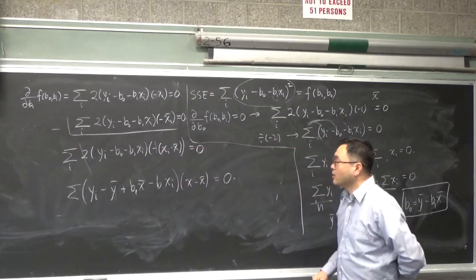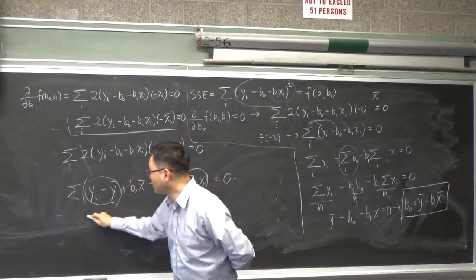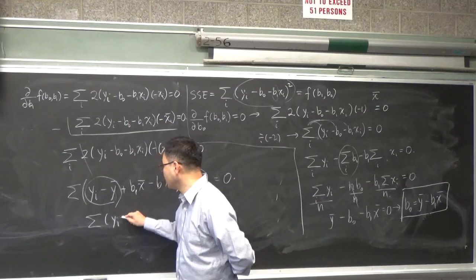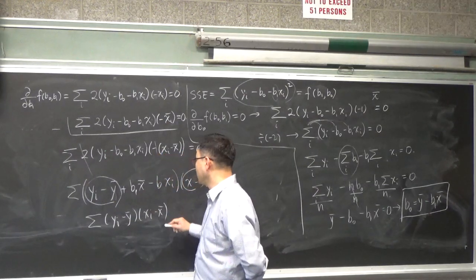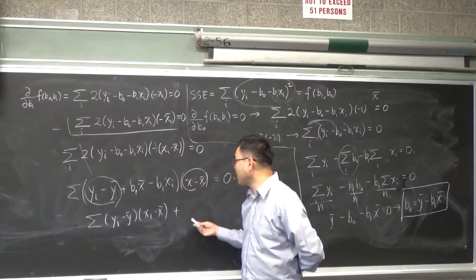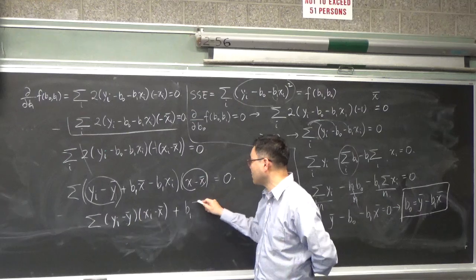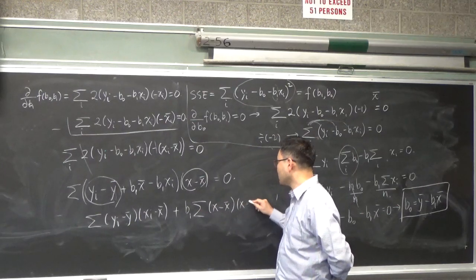Okay? And then just take this much times this one, have a separate summation. Plus, and then this times this with b1 factored out, and you have summation of x minus x bar, x minus x bar.